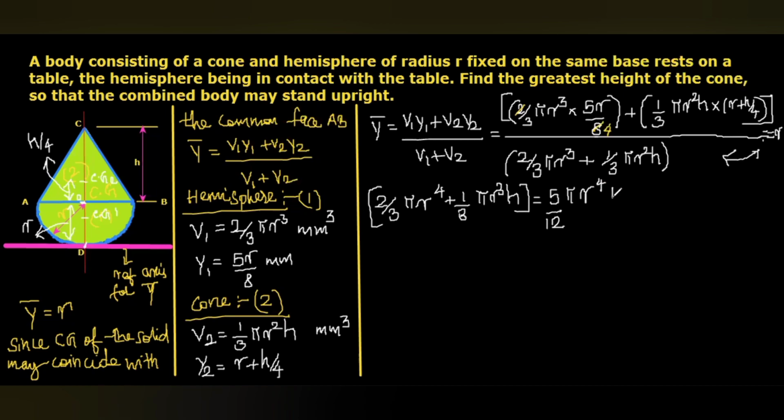Plus this term, this 1 by 3 pi r square h, first multiplied with the r, then 1 by 3 pi r square h multiplied with h by 4.